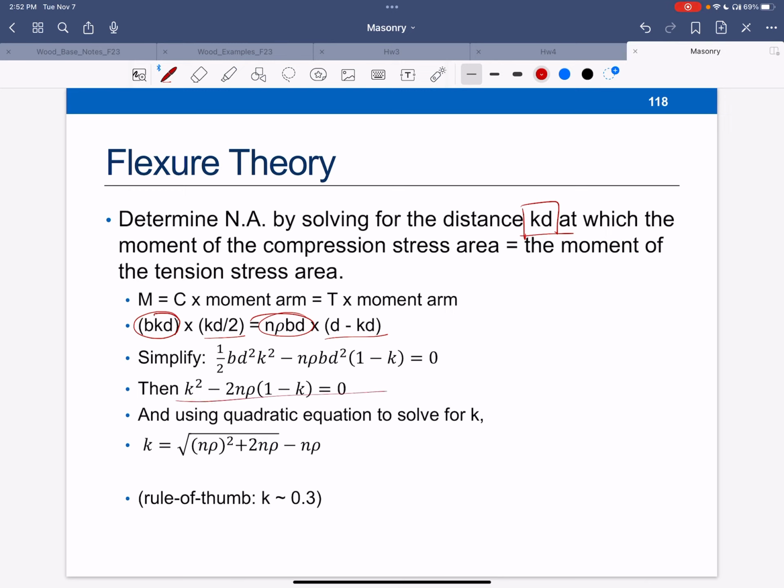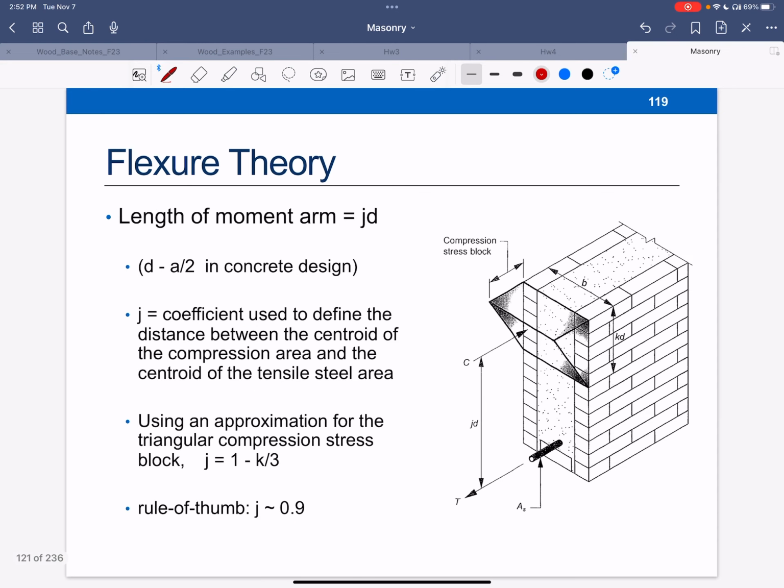You get a quadratic. You use the quadratic equation to solve for k. And if you want to actually solve for k, you're going to get this as the equation. It's always what it's going to be for this type of single reinforced section. But the rule of thumb is you start out with a k of about 30%. So that'll come into play when we're going to design from scratch.